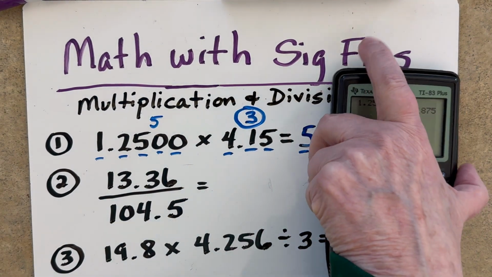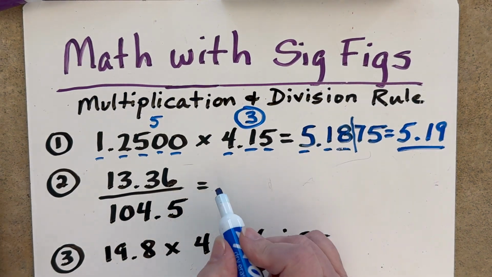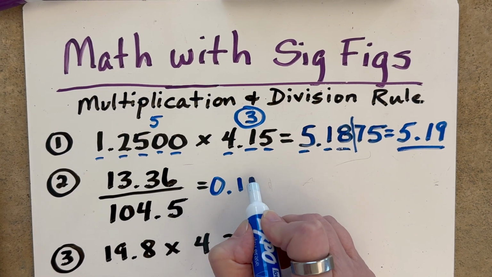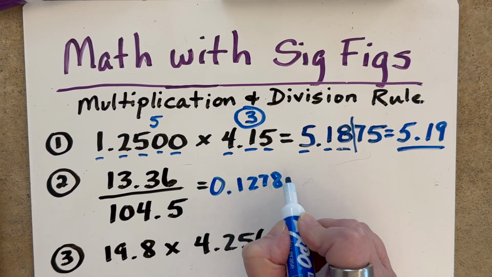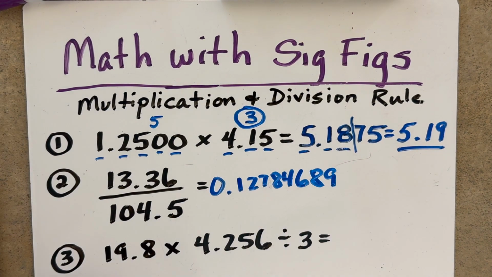Our next one, we have 13.36 divided by 104.5. Our calculator answer is 0.12784689.